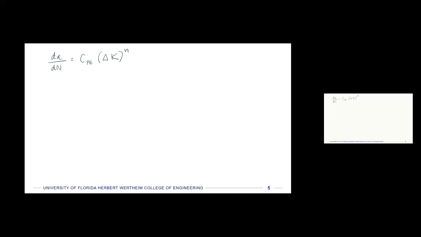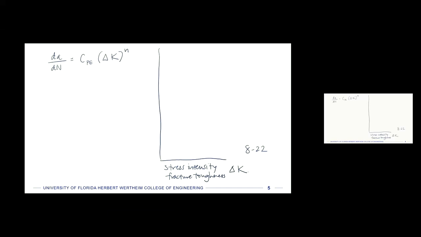So this is what they hypothesized, and then they plotted this in such a way that it makes sense for a particular material. I'm going to look at another plot, figure 8.22 in the book, and it talks about the stress intensity factor, or what I like to call the fracture toughness range. Anyway, it's delta K, and if it's mode 1, it's delta K1, in units of ksi square root inches, stress times square root of length.